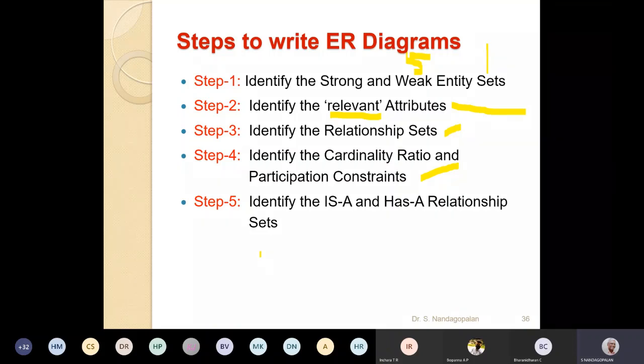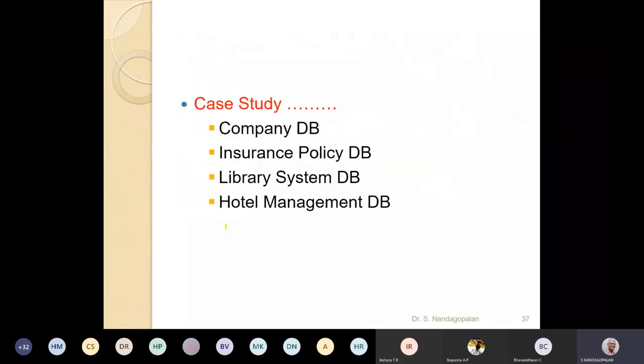In the next session, that is tomorrow, we will go through some case studies. There are 4 case studies which you can see here. I'll show you even later on some exercises for answering my original question: how do we go about this? These case studies, the ER diagrams are already given.